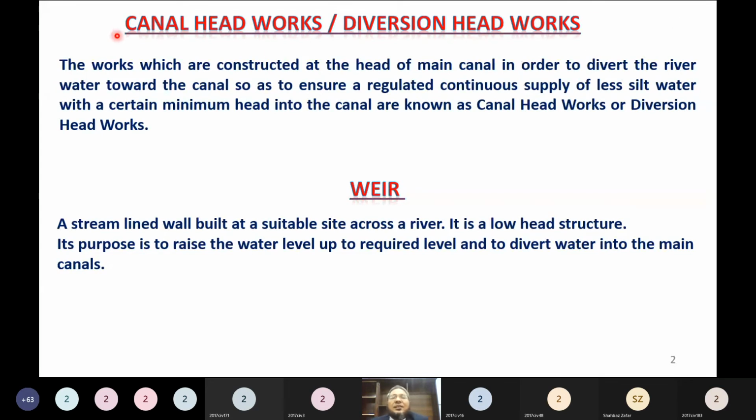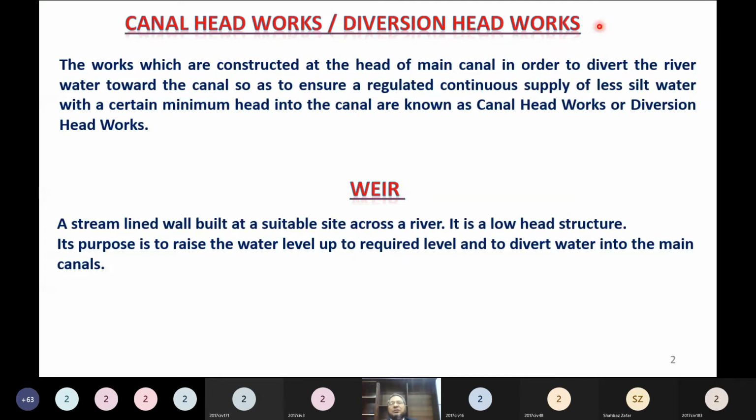Okay, canal headworks or diversion headworks. What is a canal headwork? Does anybody know? Have you ever heard canal headworks?